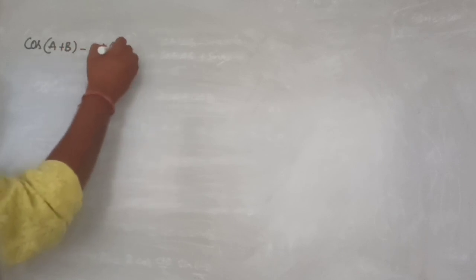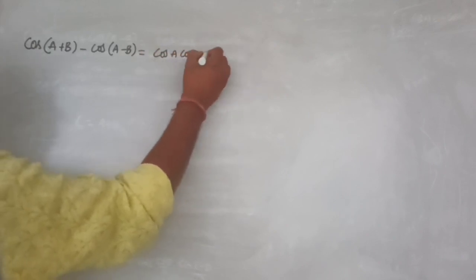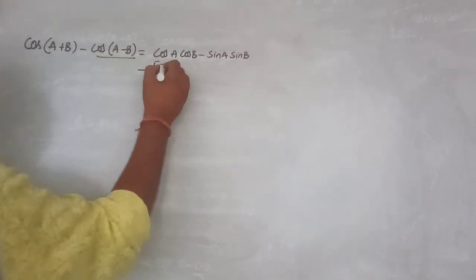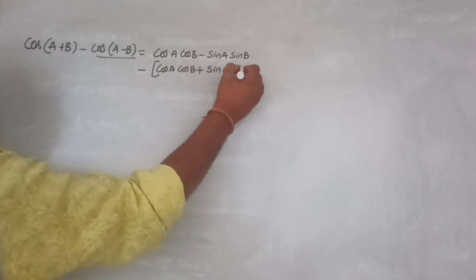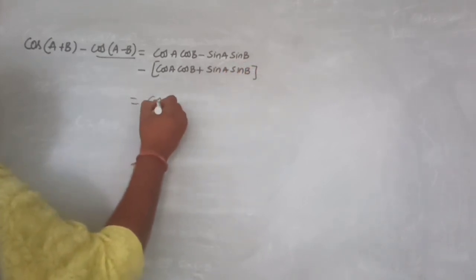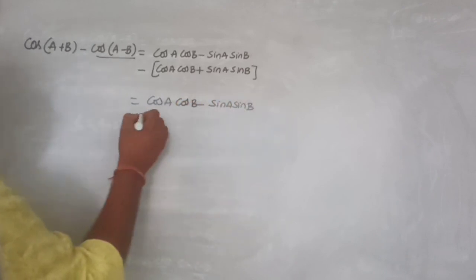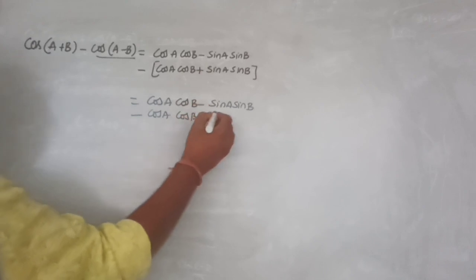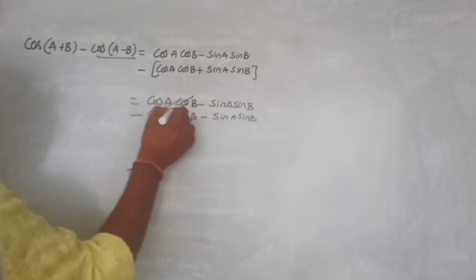Cos of A plus B minus cos of A minus B. Cos of A plus B by the formula is cos A cos B minus sin A sin B, and minus of cos of A minus B, whose value is cos A cos B plus sin A sin B, gives minus cos A cos B minus sin A sin B. So cos A cos B minus cos A cos B cancel.